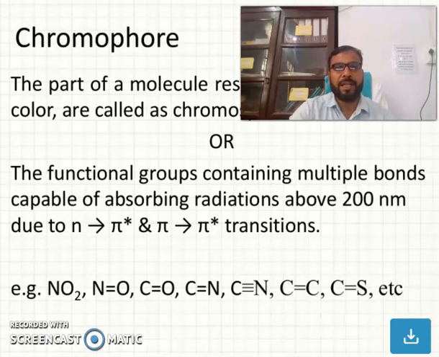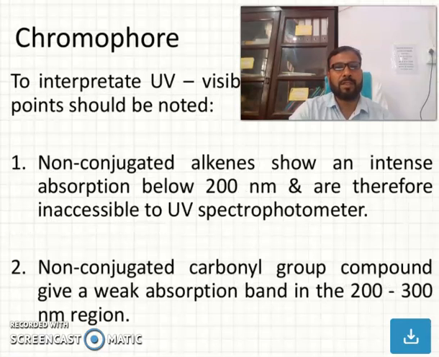For example, N=N, N=O, C=O, carbon triple bond nitrogen, C=N, carbon-carbon double bond, C=S.